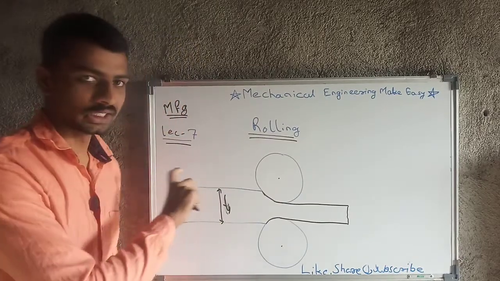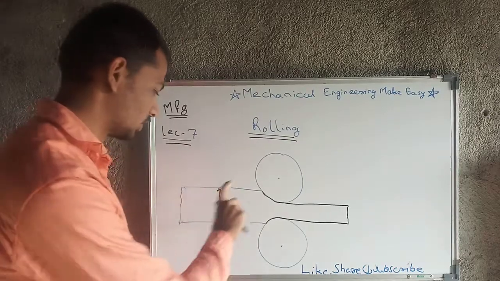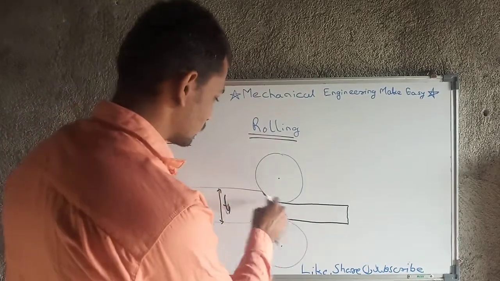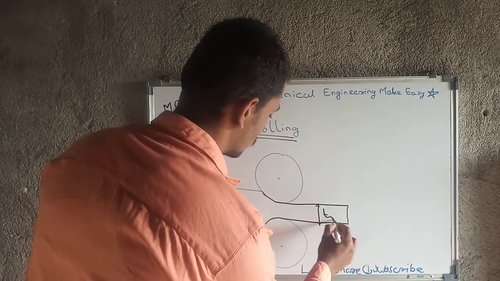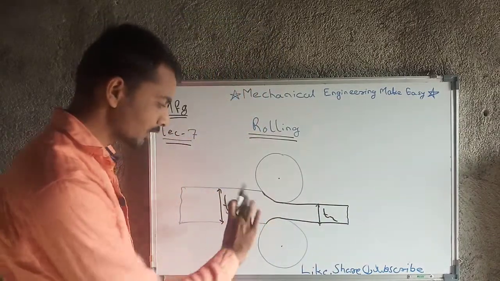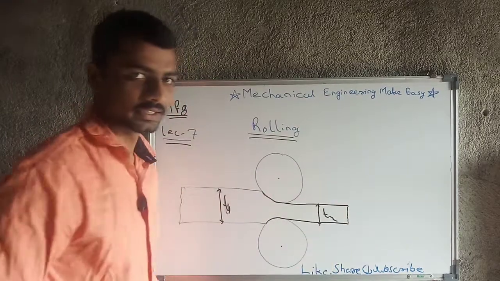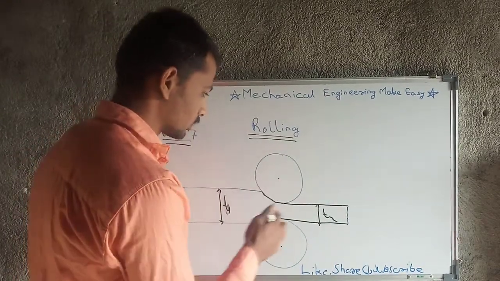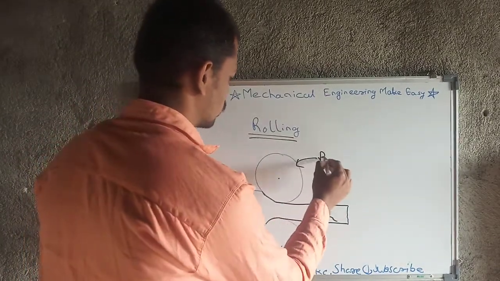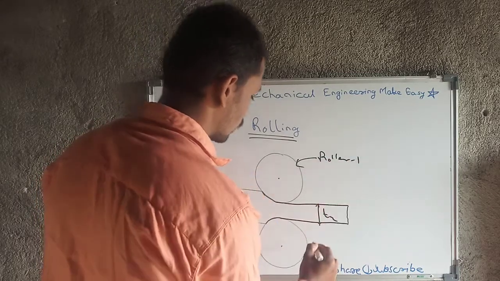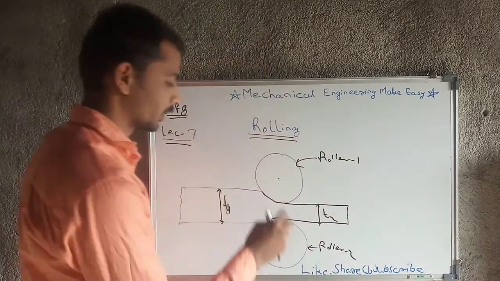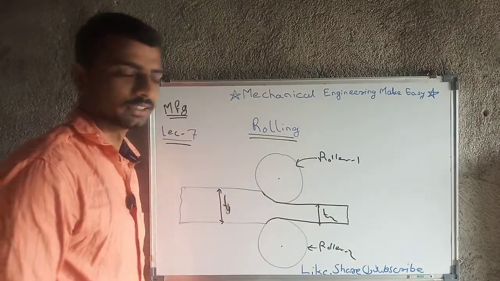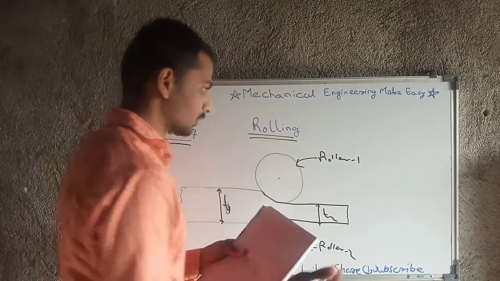While passing through two rollers, that thickness will become T2, which means the thickness is going to decrease because of these two rollers, roller 1 and roller 2. Both rollers will be identical in shape and size.